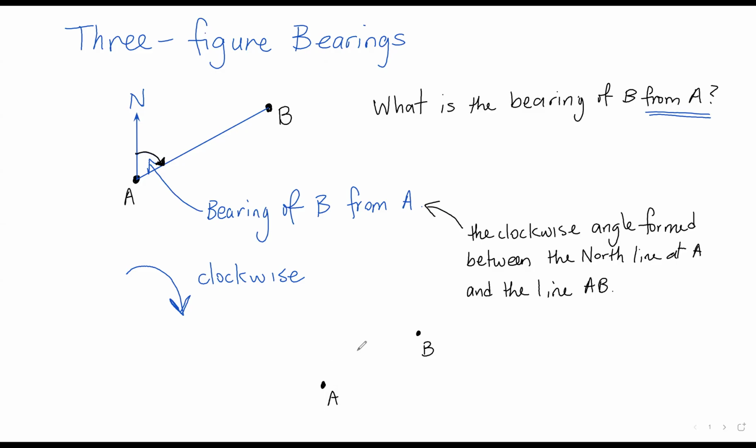That's A, right? Because it says from A. So A is my starting point, and this is where I will put my north line. Okay? And then I have this line connecting A to B. Bearing of B from A is this angle here, angle at A between the north line and that line AB. So this is my bearing.